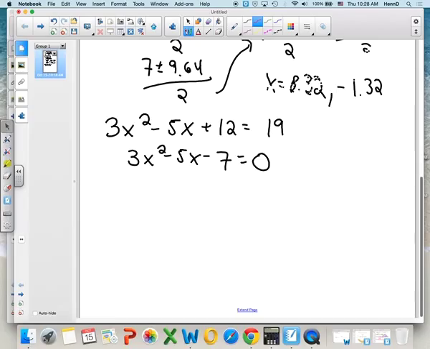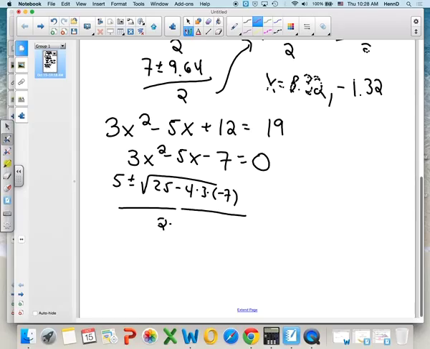Like if you had a negative 7 here, it should be 5 plus or minus the square root of negative 5 squared, which is 25, and then minus 4 times 3 times negative 7. So you have to do negative 4 times 3 times negative 7, which comes out to positive 84. And then 25 minus 84. But it's not minus 84, it was negative. Plus. Yeah.